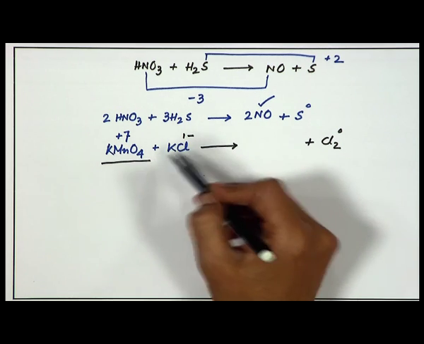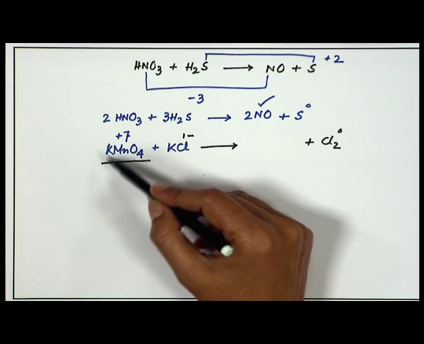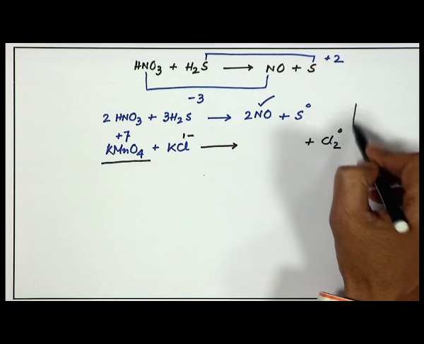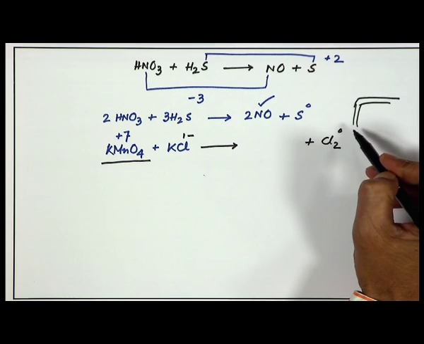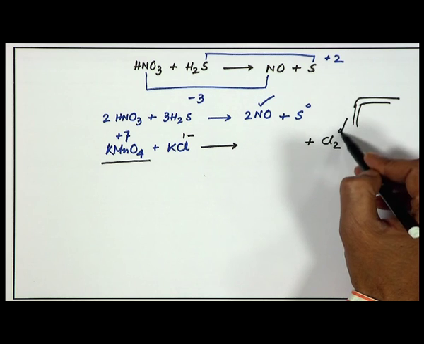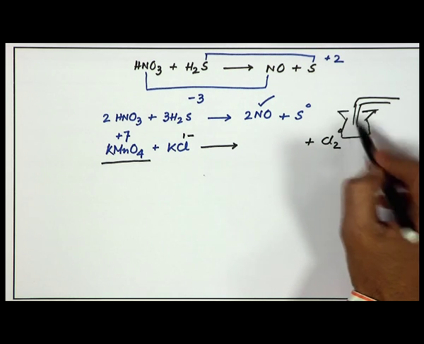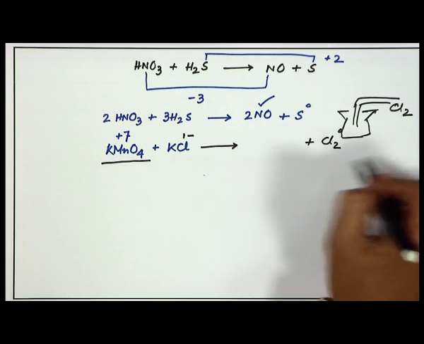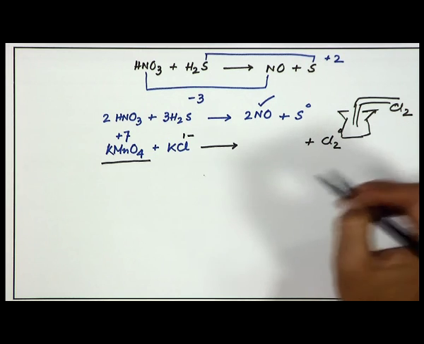If we add this KCl dropwise to the powder form of KMnO4, we will be able to get chlorine, and once this gas is formed, we take it out from the reaction flask and collect this particular Cl2. So, Cl2 will be forming. This is also a typical example for Cl2 preparation.